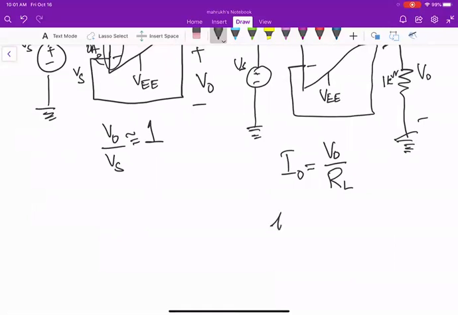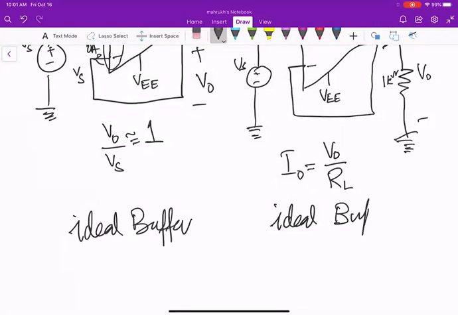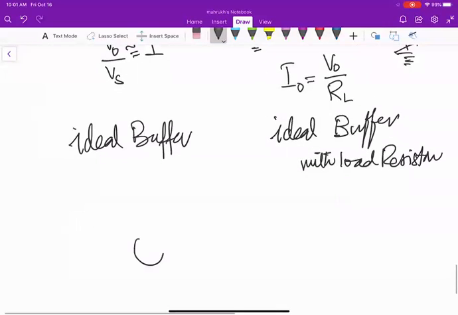Why are we not just doing this? I'm just connecting it like that.